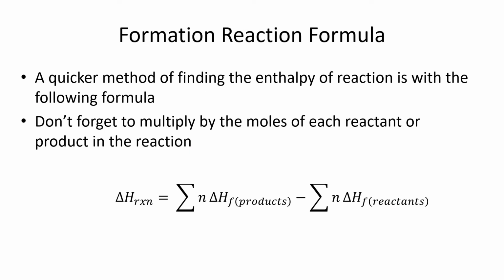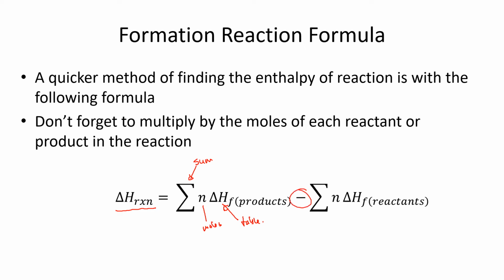Another way to solve for enthalpy changes is to use a formula along with the enthalpy of formation of products and reactants. So just to show you how it works here, if you want to find the overall enthalpy change of any reaction, you're going to take the sum, that's what this symbol is, the sum of the number of moles times the enthalpy of formation of the products from the table.